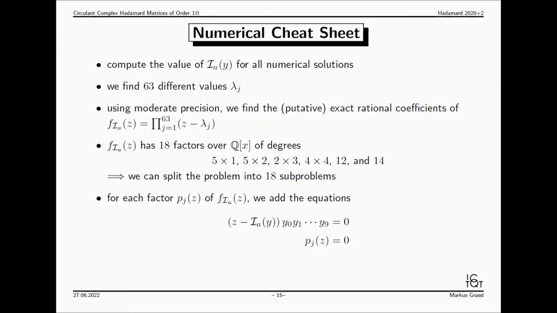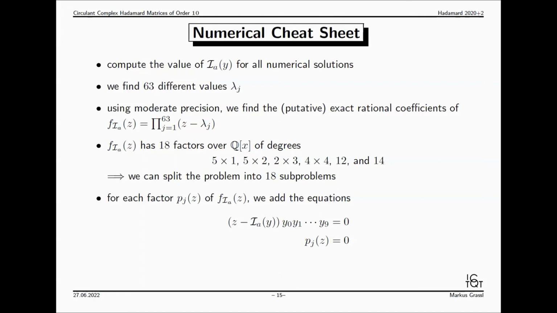And now this polynomial of degree 63 splits into 18 factors. So we have 5 linear, 5 of degree 2, 2 of degree 3, and so forth, and 2 big ones of degree 12 and 14.